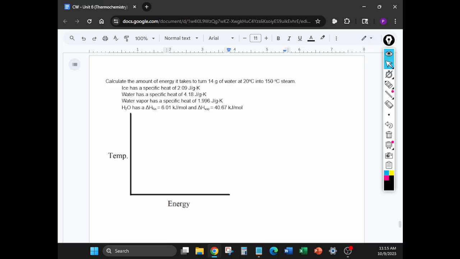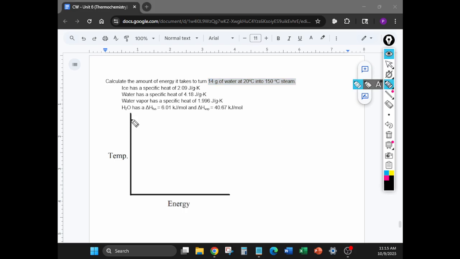Okay, so we're gonna calculate the amount of energy it takes to turn 14 grams of water that's at 20 degrees Celsius into 150 degrees Celsius steam. Okay, so before we start, what I want you guys to do is draw this coordinate on your paper. Again, this one can be a lot smaller because we're not going to be writing all over it.